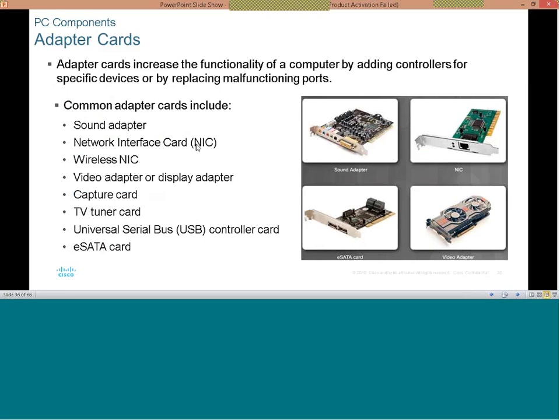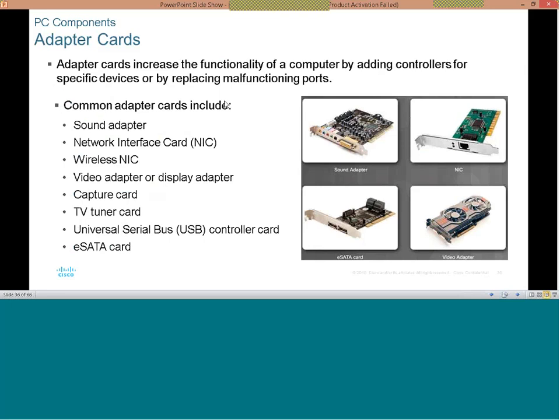So here is the adapter card. Like I said, the adapter cards you can slot into the expansion slot. Common adapter cards include the sound card, network interface card, wireless NIC, video card, display capture card, and TV tuner card. Now all these cards can be inserted in the expansion slot. Adapter cards increase the functionality of the computer by adding controls for specific devices.